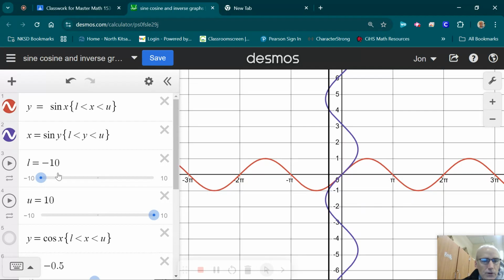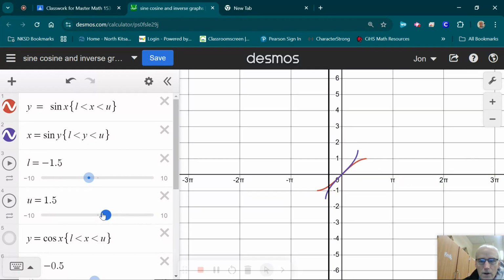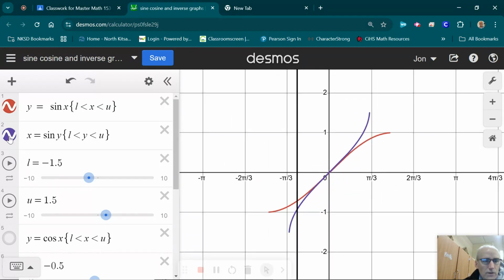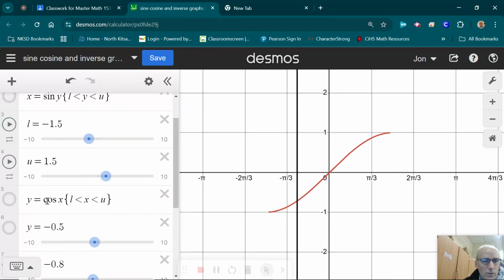So here's what I want you to think about. If we restrict the domain a little bit more, enough to where I have just a constantly increasing or a constantly decreasing function. So let me restrict it all the way over to here, and restrict this guy over to here. Now my red function, let me turn the inverse off for a second, and let's turn that stupid vertical line off.